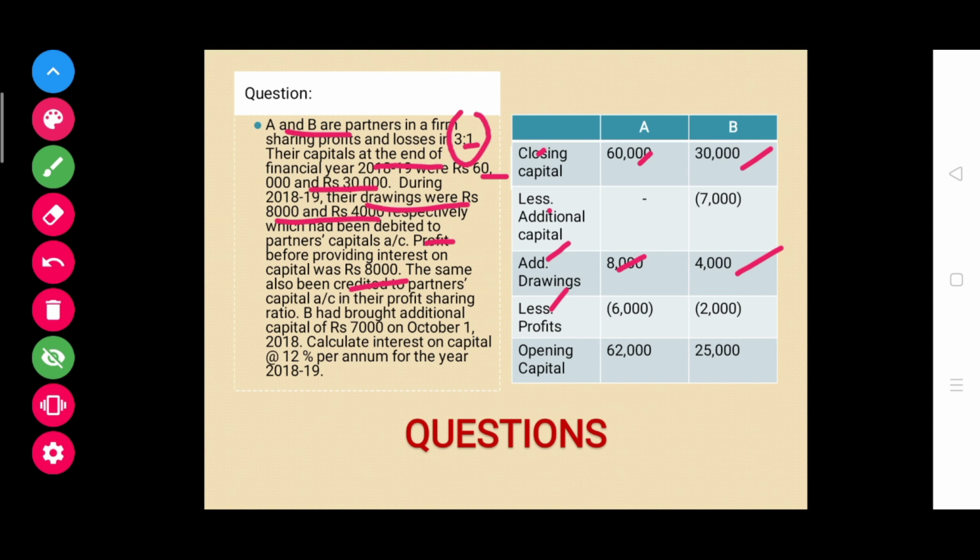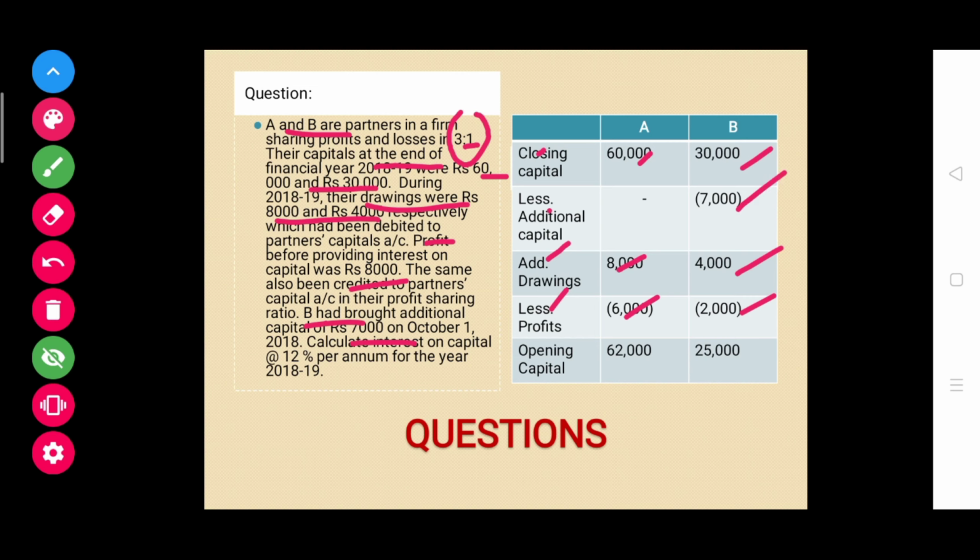In which ratio were they distributed? 3:1. So we will deduct profit of 6,000 and 2,000. 3/4 of 8,000 will be 6,000 and 1/4 of 8,000 will be 2,000. B had brought additional capital of 7,000.